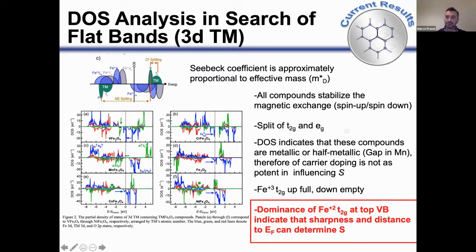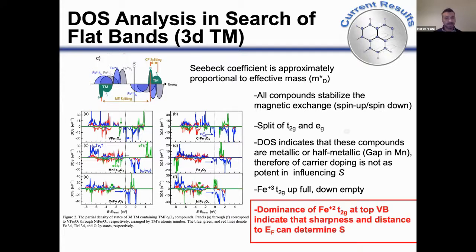Second, things to notice: the DOS give either a metallic or half metallic compound, with the exception of the manganate, where, if you notice, there's a black bar here in the left panel. We calculate a band gap there, even if it's small. But all other compounds show either metallic or half metallic behavior.